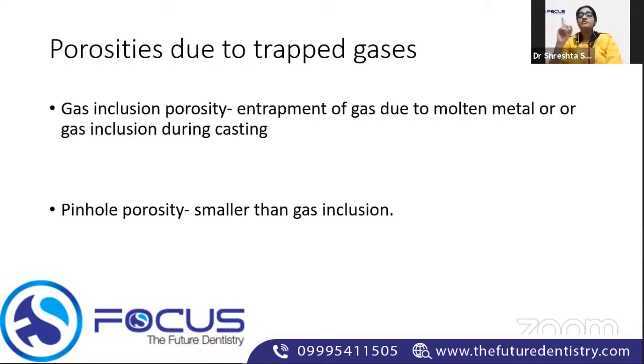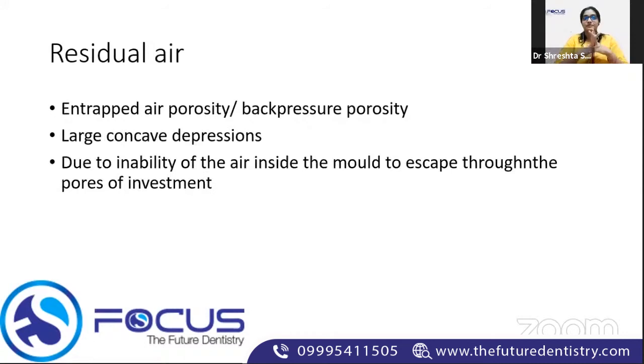The only difference between a pinhole porosity and a gas inclusion porosity is that a gas inclusion porosity is a larger version of a pinhole porosity. Both of them are spherical in shape, differing only in size. Pinhole is smaller and gas inclusion is a larger entrapment of gases.